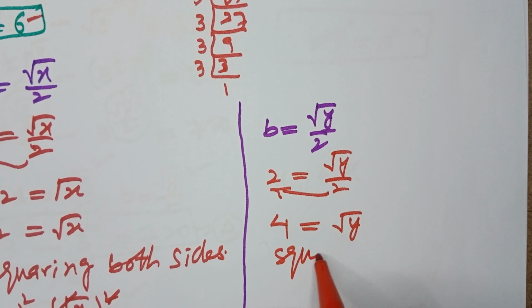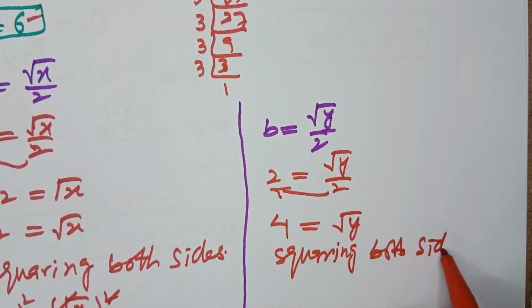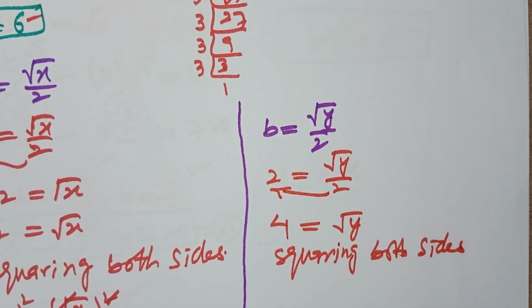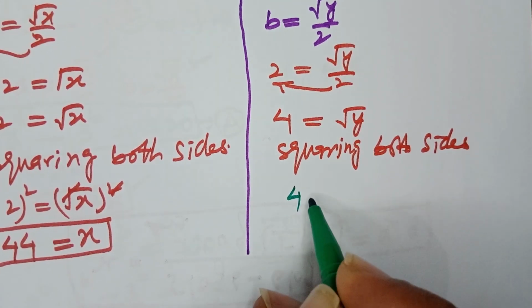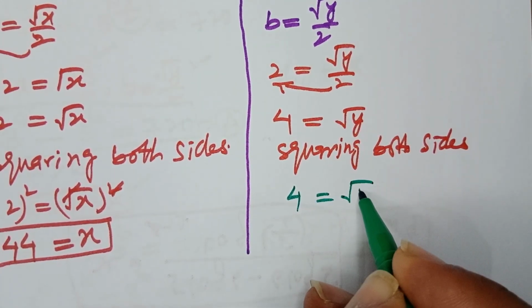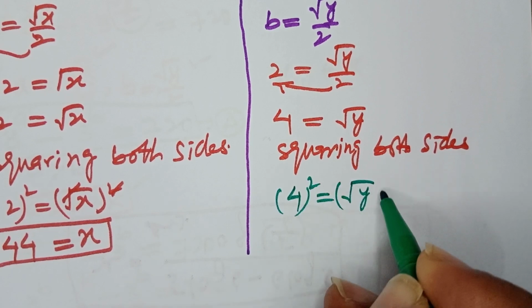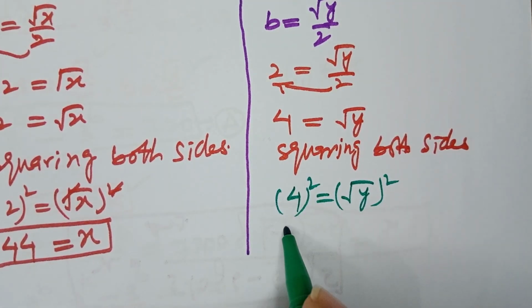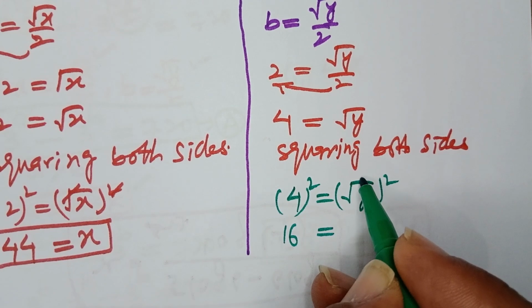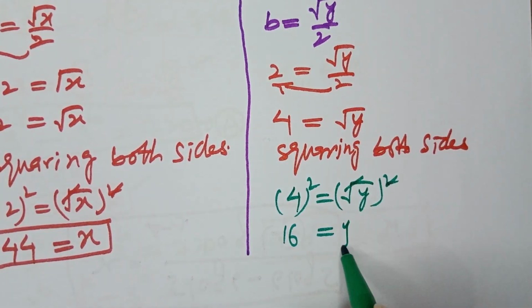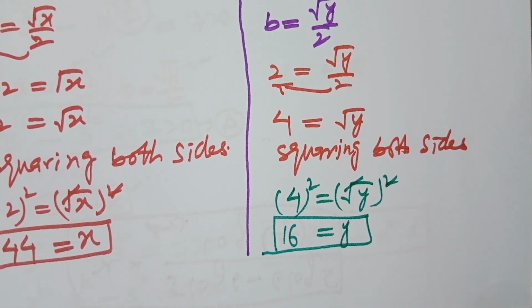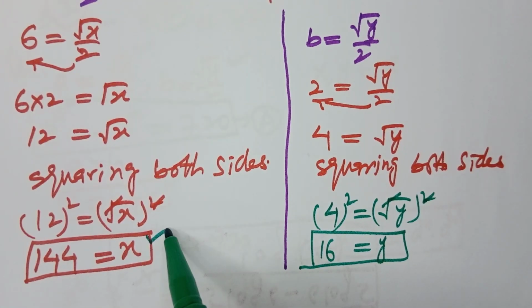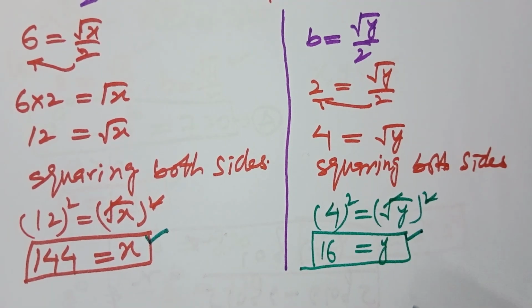Now squaring both sides, square of 4 is 16 and the square root cancelled with the square, we get y. So y is equal to 16. So this is the value of x and this is the value of y.